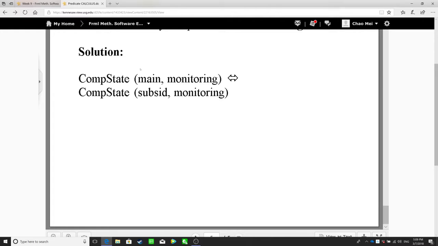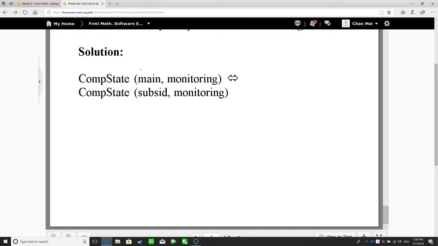So we use this kind of structure to represent the relationship between the main computer and monitoring, and the relationship between the subsidiary computer and monitoring. Monitoring is a state of the computer. Idle is another state of the computer, or shut down, or not connected.